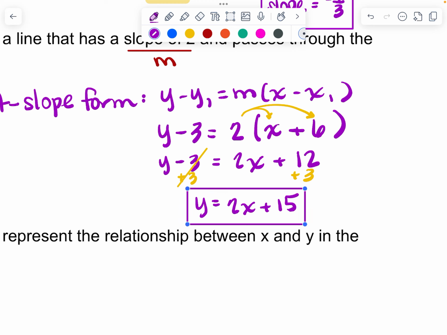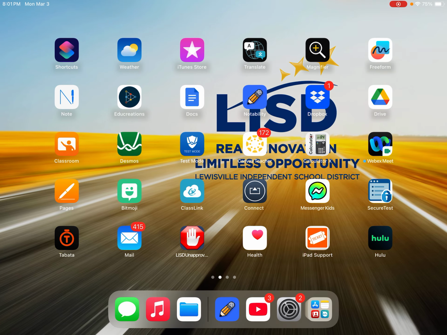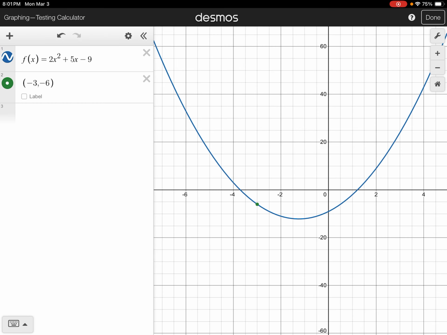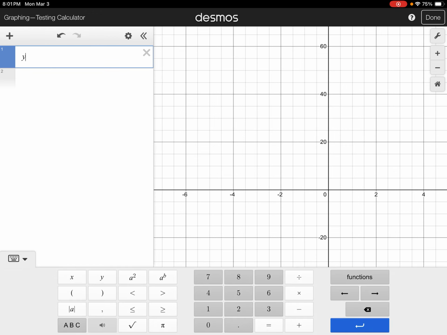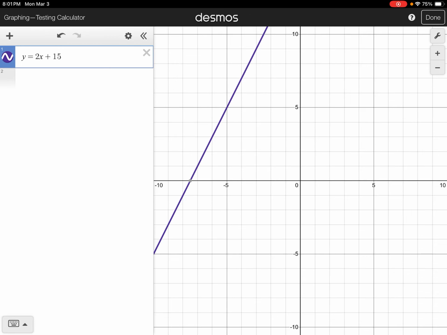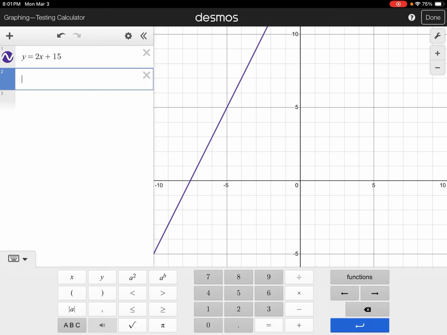And remember, you can always check your answers on Desmos. It's a great little tool now that you're able to use it. I'm going to go to Desmos just real quick. If I type in the equation that I just got, y equals 2x plus 15, there's my line right there.